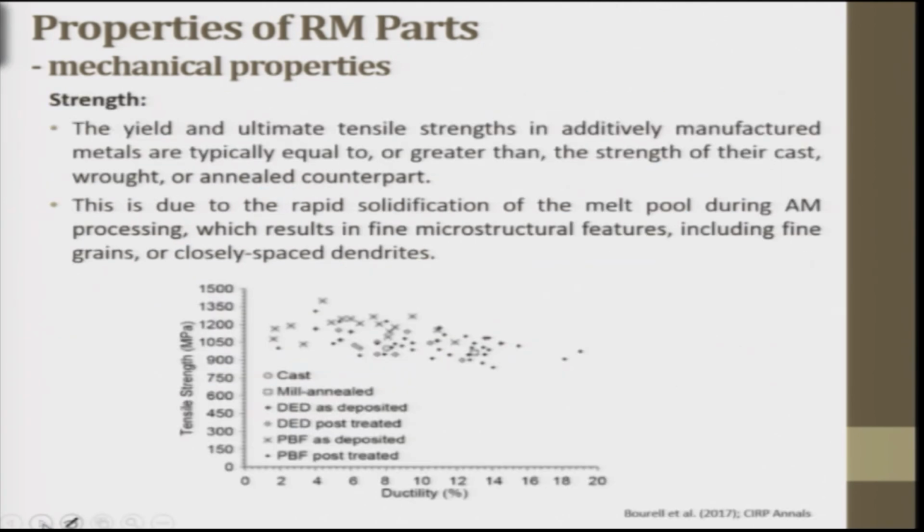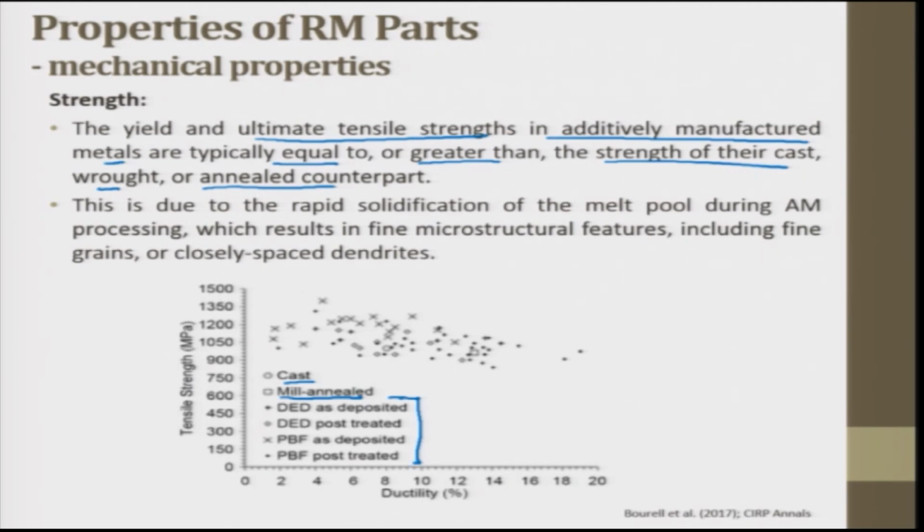Mechanical properties can be divided into categories. The first category is strength. The yield and ultimate tensile strength in additively manufactured metals are typically equal to or greater than the strength of their cast, wrought or annealed counterparts. You can see these are the cast parts, this square is the milled part, and these are all the additive manufacturing processes.